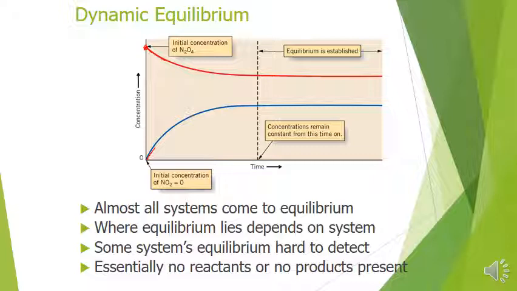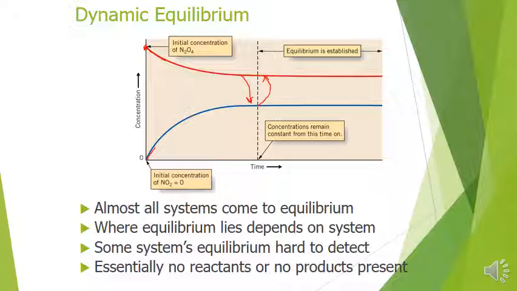So this one goes down and this one goes up, but at some point they just make enough of each other. This one will start producing this, and this one will start making this. And when that happens, it's at equilibrium.